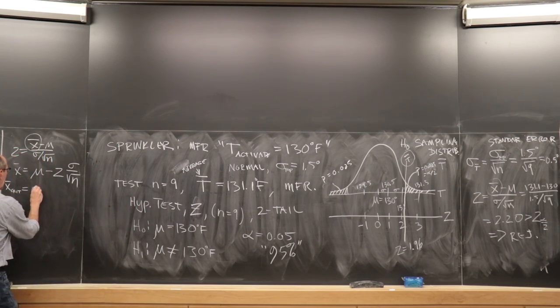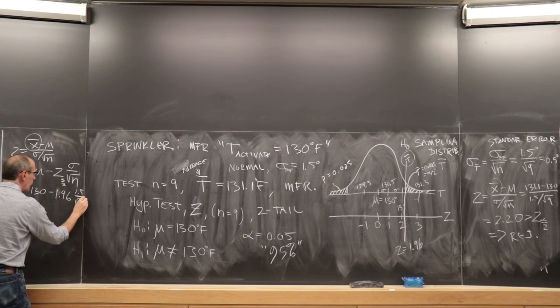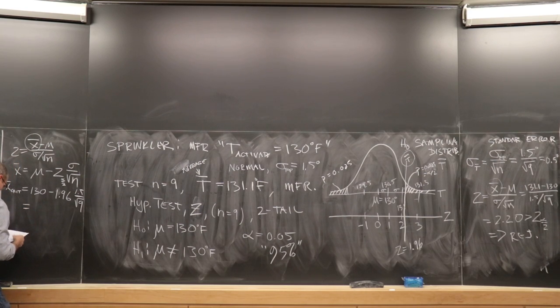So now I put in my 130 minus the critical value 1.96, so this would be z of alpha over 2, and 1.5 over the square root of 9. And I calculate that, and I get 130.98.